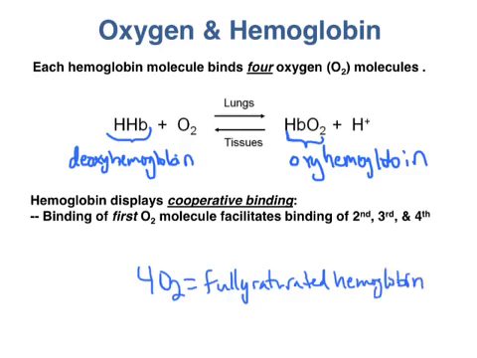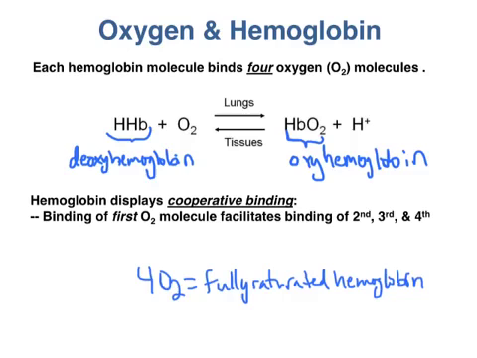If you have only 1, 2, or 3 oxygen molecules bound, you have what's called partially saturated hemoglobin. So the term saturation refers to the extent to which hemoglobin is full of oxygen. Fully saturated means it's completely full, it's got all the oxygen it can take. Partially saturated means it has some, but not quite all it can take.